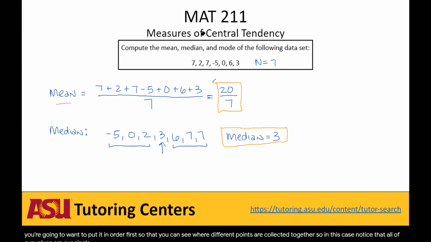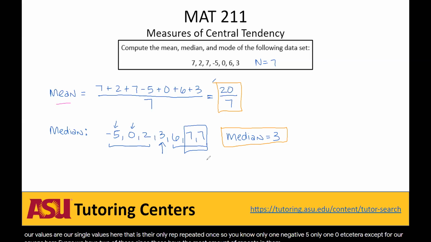That is, they're only repeated once. So only 1 -5, only 1 0, etc., except for our 7s here. So our 7s, we have 2 of those. Since those have the most repeats, that is, they're the most frequently occurring, then those 7s are going to be our mode.